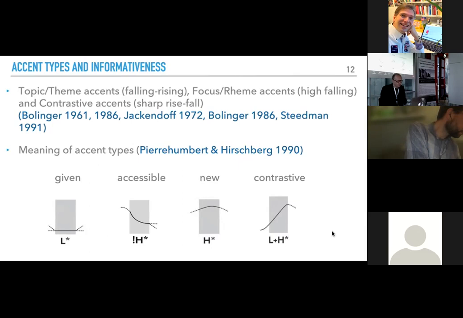And note that the perceived prosodic prominence of the accent types increases from left to right, which is in line with the highlighting view, actually. So more informative elements are more prominent.